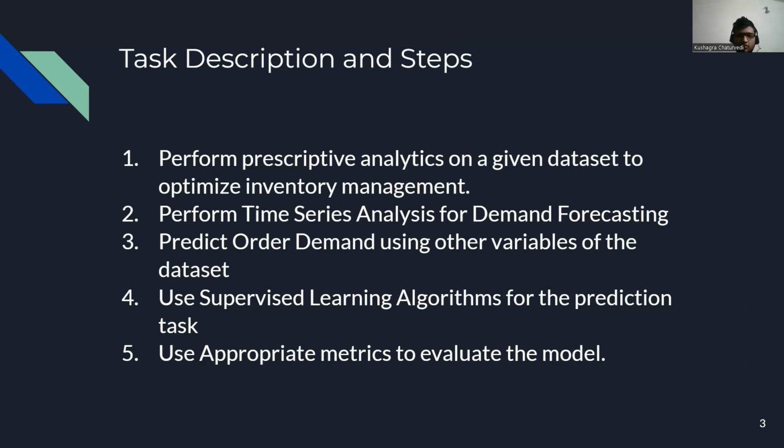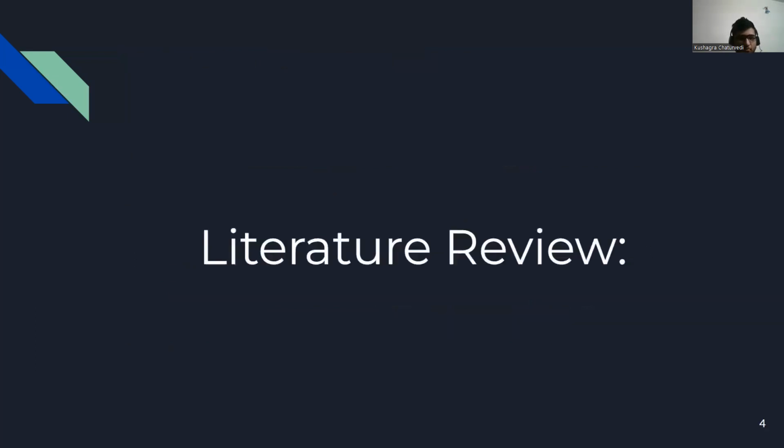So we have to perform the prescriptive analytics focusing on this order demand and the relation and correlation of other variables with this order demand. First we will be predicting the order demand using other variables of the data set, and then we will also use other supervised learning algorithms for the predictive task. There's also using appropriate metrics so that we can evaluate the model.